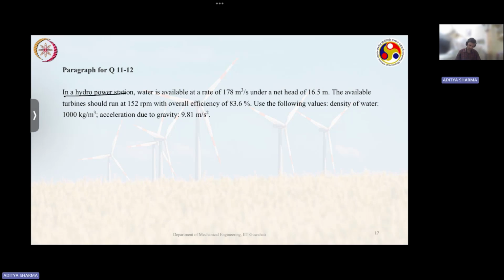In a hydropower station, water is available at this rate, and head is given as this.